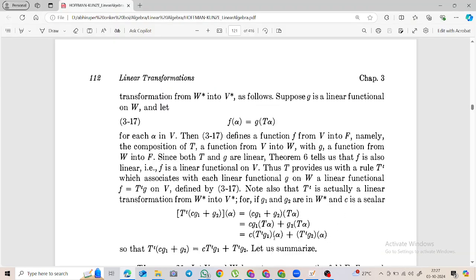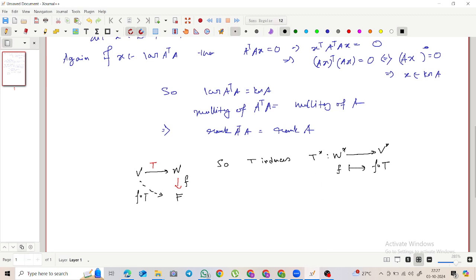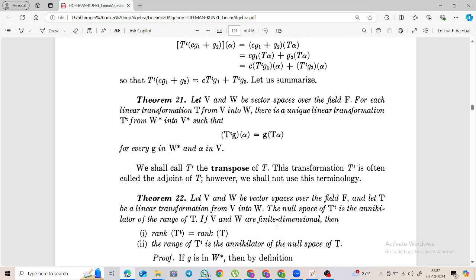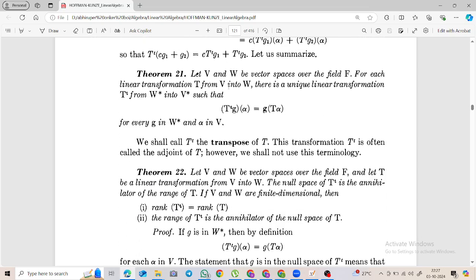So basically they have denoted this by T transpose. So T transpose is linear. We shall call this the transpose of T.